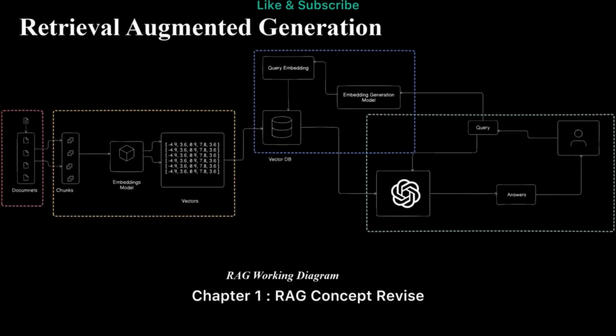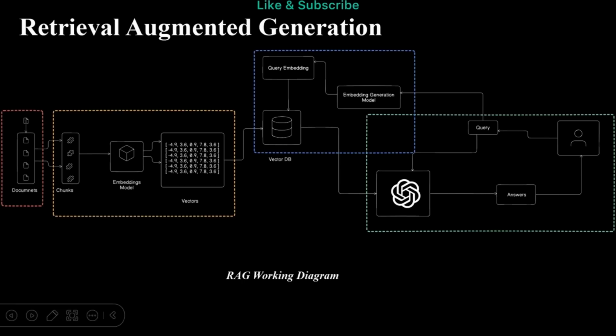Now let's first revise our RAG concept. From the left side, from this red block, you could see we are uploading our documents. It could be PDF, docs, Excel sheet, whatever document you have. Then in this yellow dotted box, first we are chunking those documents.